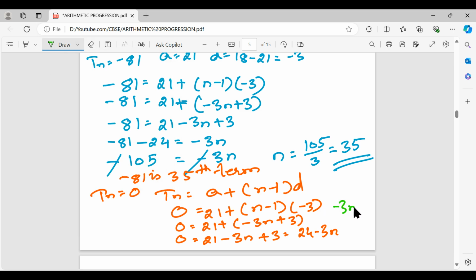Minus 3n equals minus 24, and then minus minus gets cancelled. One moment, I'll write this again. Now you get minus 3n equals minus 24. Minus minus gets cancelled, and n is equal to 8. So yes, 0 also exists in this sequence. So 0 is a term of the sequence, and 0 comes at the 8th place. So we got it.